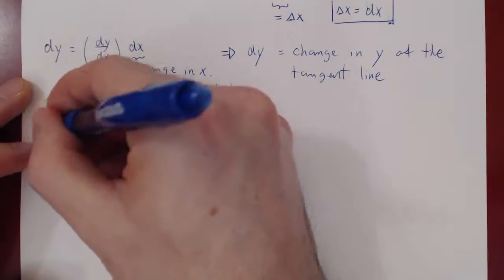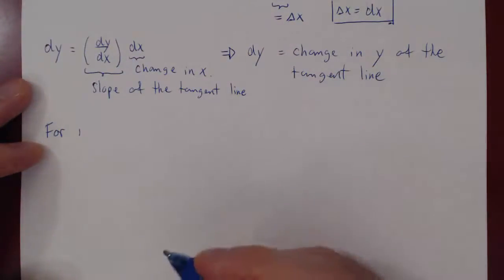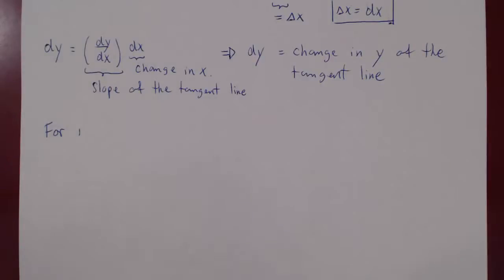So, and that's the difference between delta y and dy. Delta y, the exact change in the function, dy is the change in the tangent line, but for a small enough change in the independent variable, dy is very close to delta y.